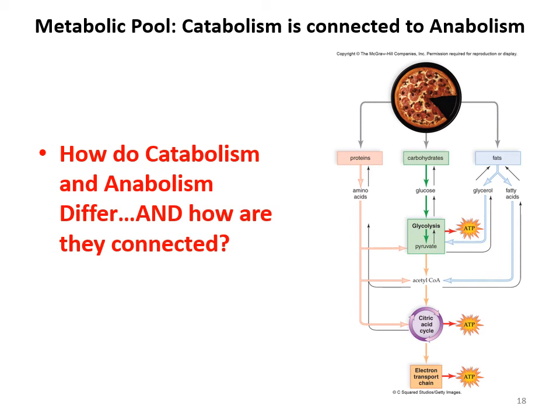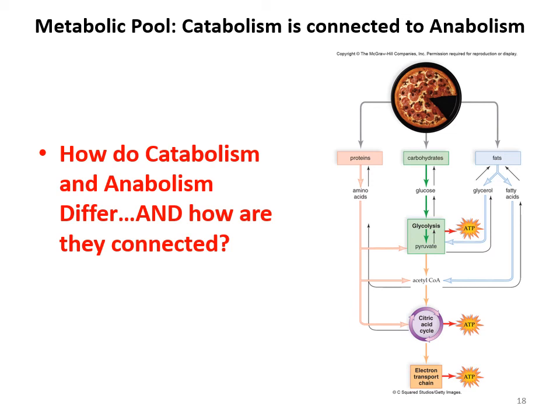Now, catabolic reactions or catabolism, when you break down molecules, you are releasing energy, okay? That ATP produced by catabolism drives anabolism, okay? Meaning catabolic reactions, breaking down molecules, releasing ATP, drives anabolic reactions, which means building up molecules, okay?